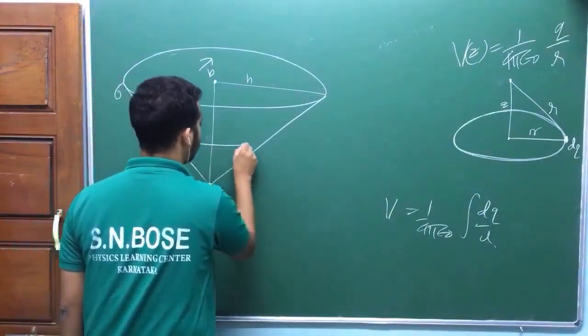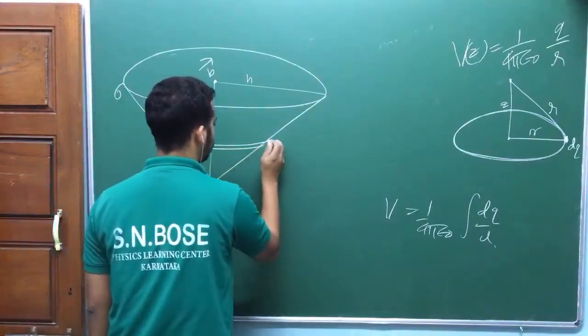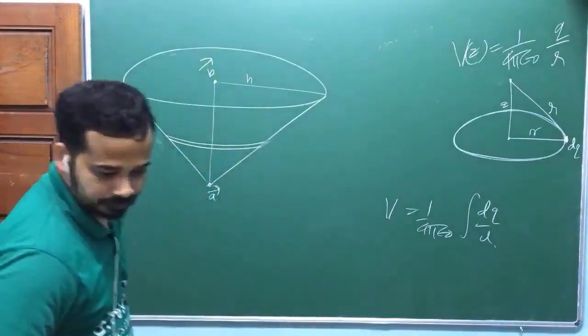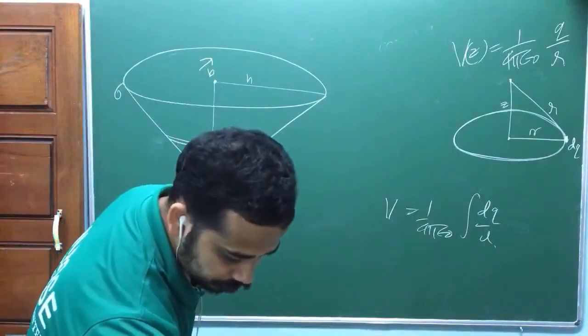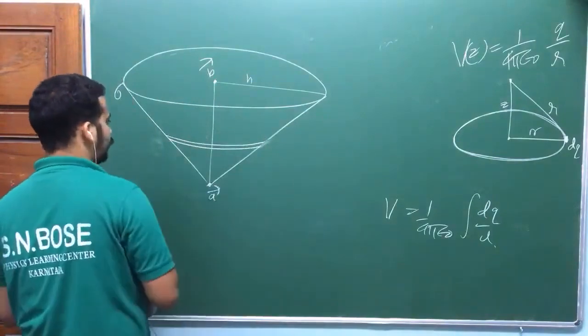But when I divide, that ring looks like this. Can you imagine? Is that okay? That ring will look like this actually.